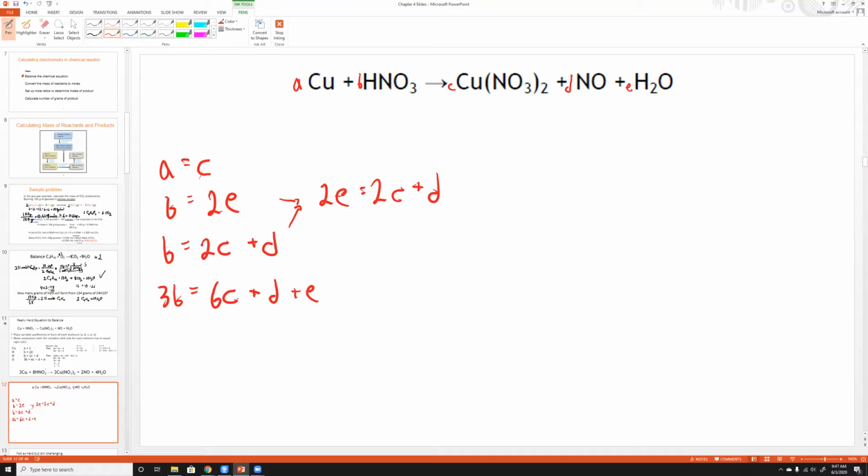You can use this equation, and you can put 2E in there. So let's do that. We could do 3 times 2E equals 6C plus D plus E. Or you can solve for C there.